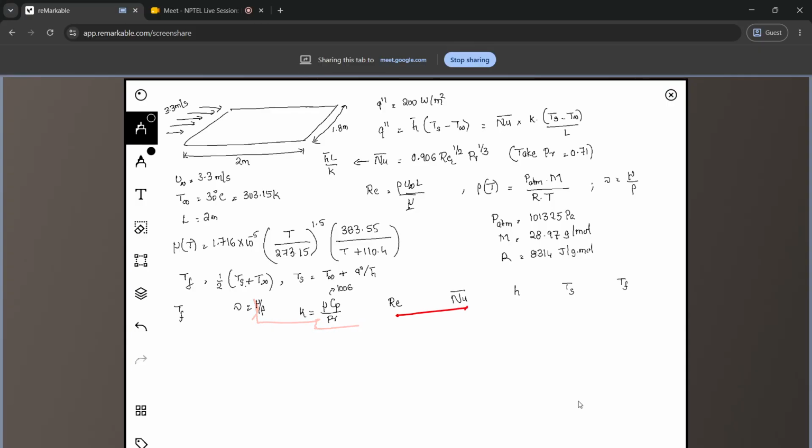From there, calculate the Nusselt number. Once you have the Nusselt number, you can calculate the heat transfer coefficient. From there, you can calculate the surface temperature using this relation.